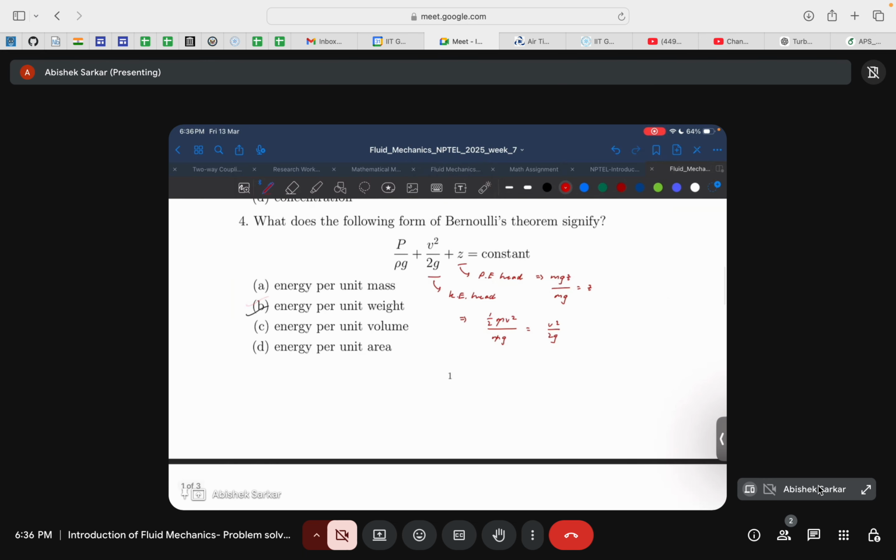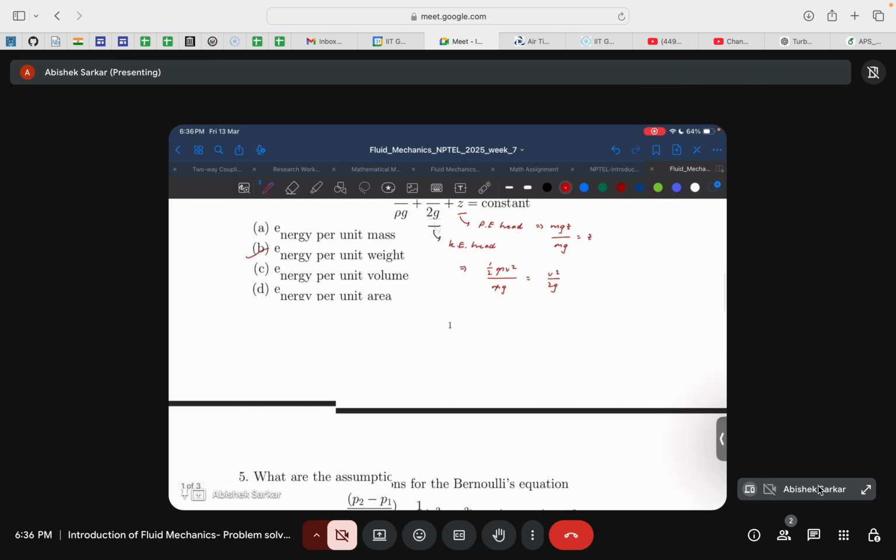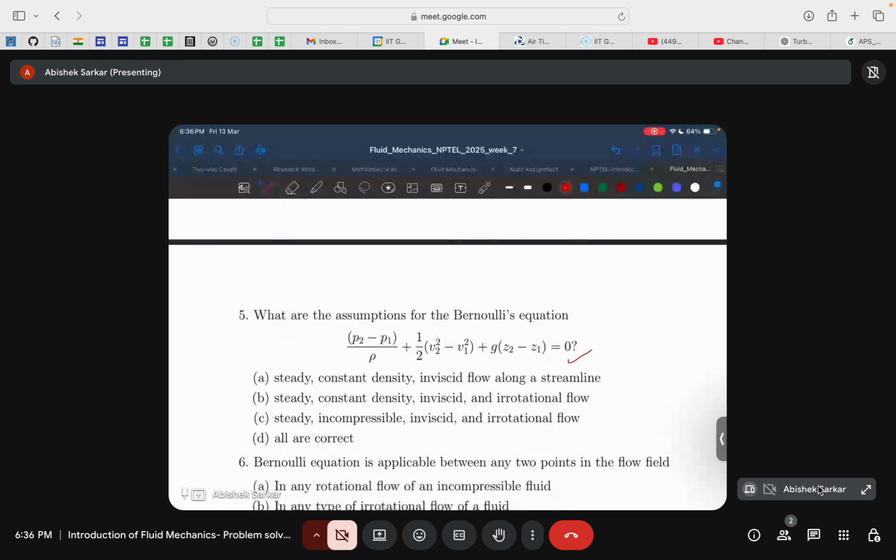Question number 5. What are the assumptions for the Bernoulli's equation of this form? Maybe you can look into it for a while. We have given so much time to understanding the assumptions, so I think it's a good time for you to revise.